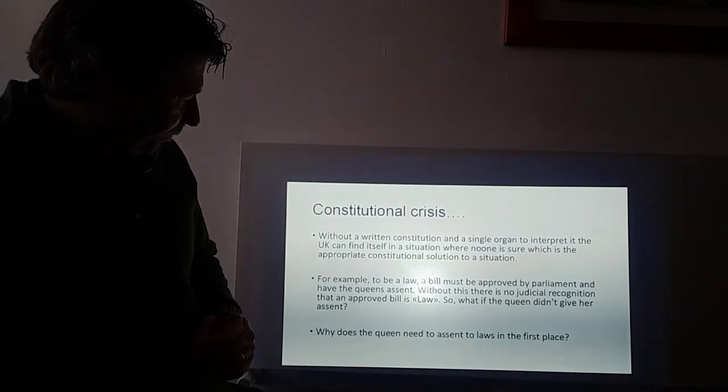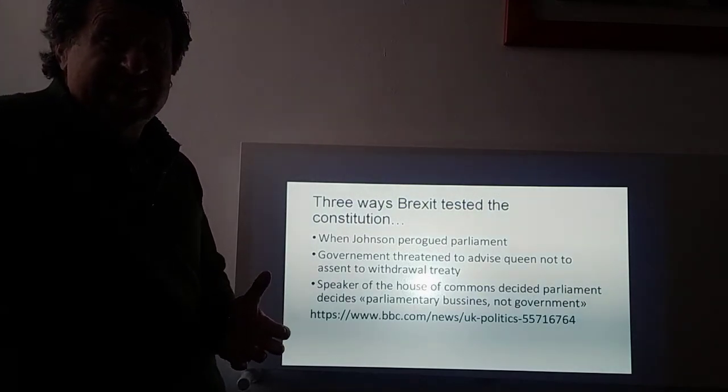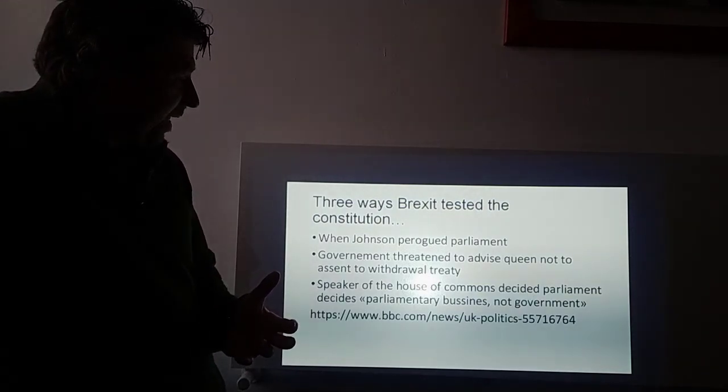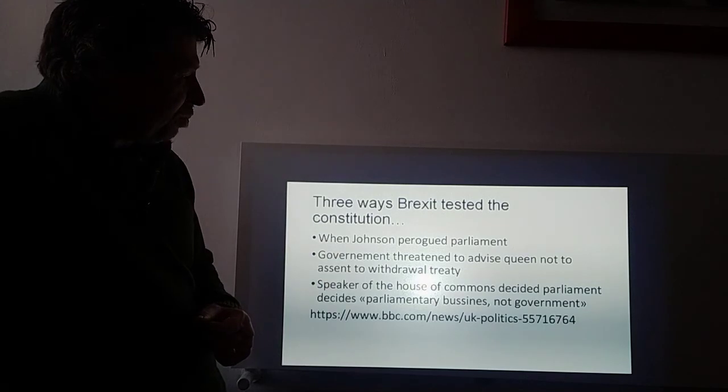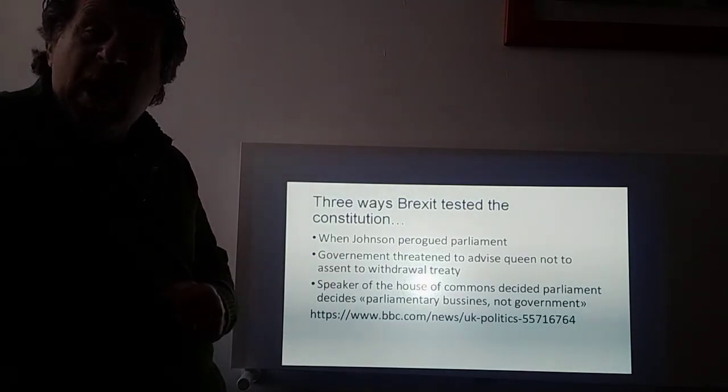Okay, so if we look at examples of different constitutional crises just with Brexit, there was one when Johnson prorogued Parliament. For example, he wanted to avoid a Brexit vote.